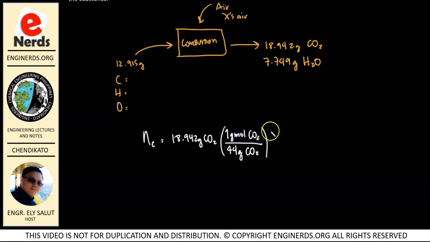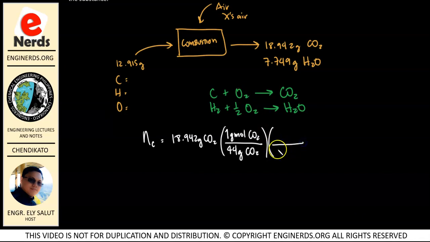Diba? And since ang kailangan nating makuha is yung number of moles ng ating carbon, we will again refer dito sa ating complete combustion reaction. C plus O2 is producing CO2. And for hydrogen naman, we have H2 plus 1/2 O2 producing H2O. Okay? So, that means for 1 gram mole of CO2, we have 1 gram mole of carbon.